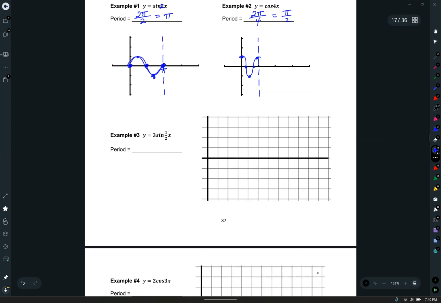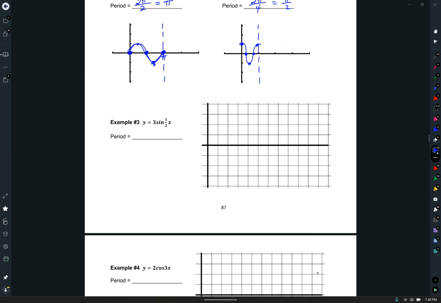Okay, so look at example 3. In this case, I have an A number, but I also have a B number. So let's start with the period. We know that the period is going to be 2 pi over B, but remember B is 1/2.